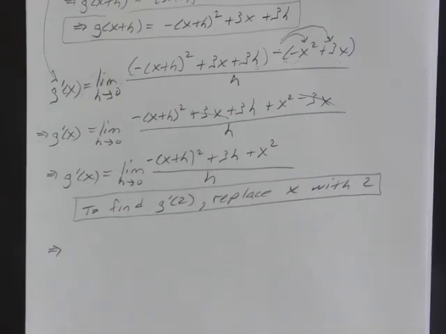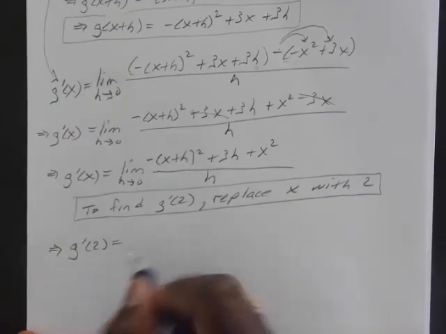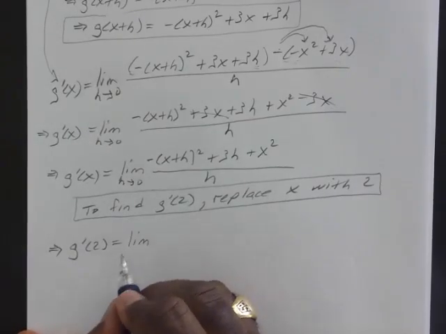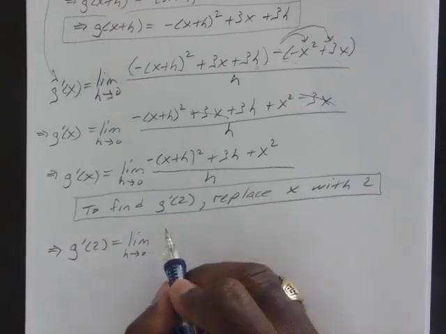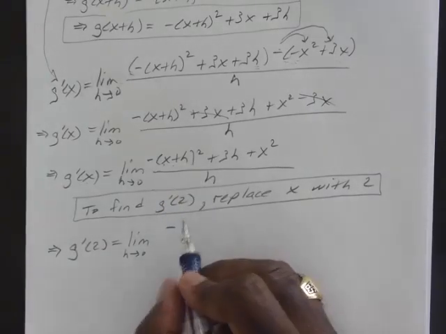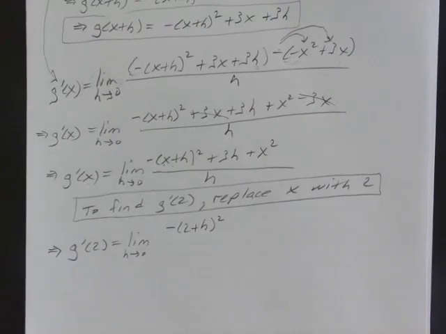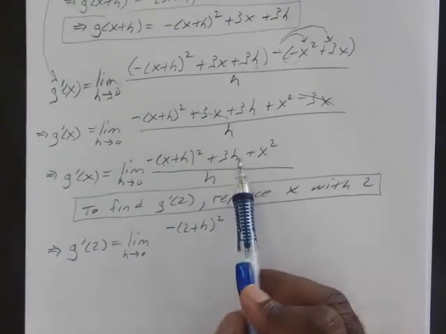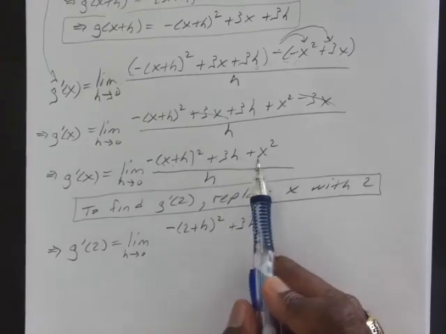Okay, so that gives us g prime of 2 is just equal to the limit as h approaches 0 of negative 2 plus h squared plus 3h plus x squared.